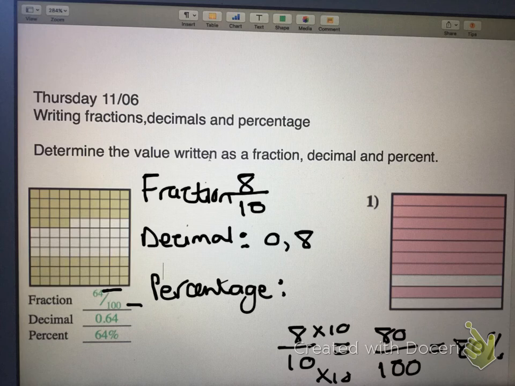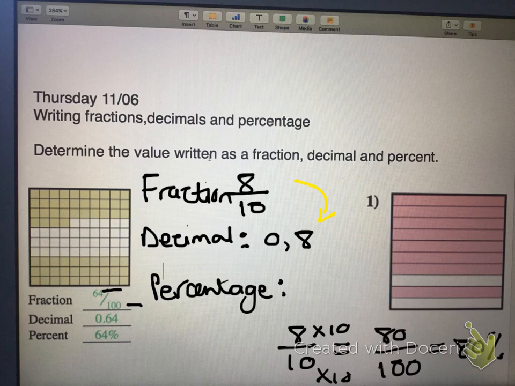Just to make everyone aware of it, fractions, decimals, and percentages are all different ways of representing the same thing. What do I mean? I mean the following. 8 tenths can be represented as a decimal, 0,8.